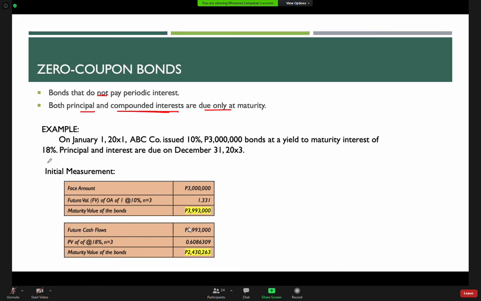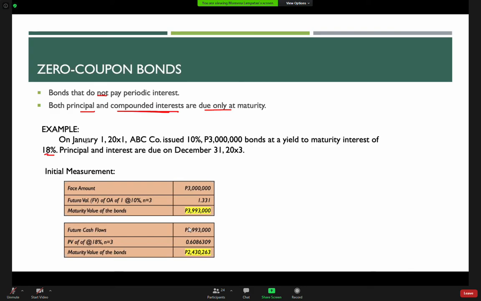So let's have an example. So example, the company issued 10%, 3 million bonds. Meron tayong yield to maturity na 18%. Okay? So 18% ang ating effective interest rate. Yield to maturity.